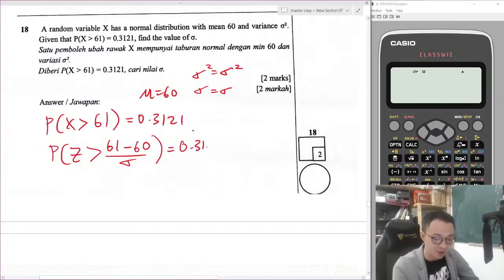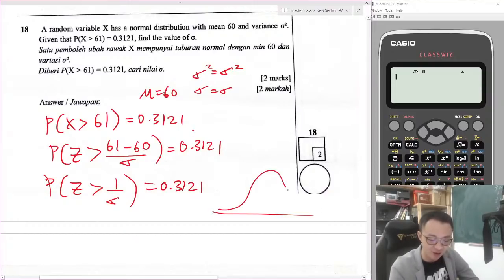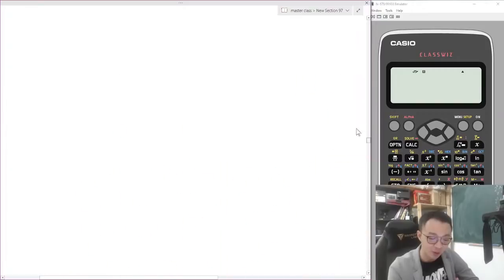So this is 1 over standard deviation, and the probability is 0.3121. Then we sketch out the bell-shaped diagram. This value is definitely 1 over standard deviation, because this area is in this direction, bigger, right? This area is 0.3121. Then we can straight away find 0.3121 from the table.